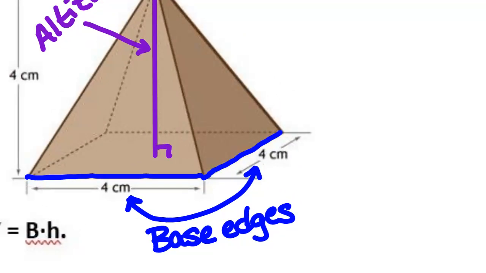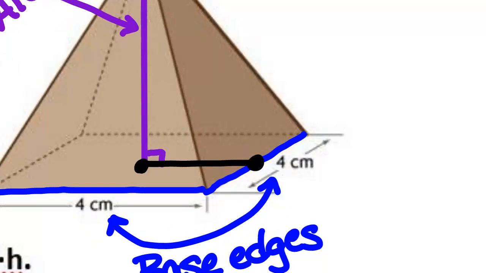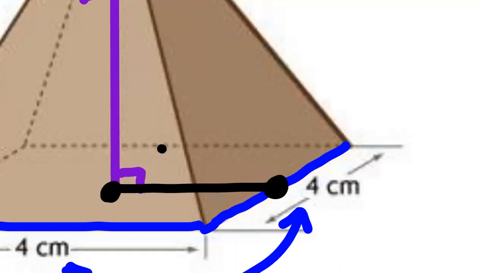And so if I were to draw a straight line from where my altitude hits the base over to the base edge, since the altitude is hitting my base right in the center, and I know that whole base edge is 4 centimeters, how far would it be from where the altitude hits the center over to the base edge? Half of 4, so 2. That's exactly right. Our base edges here are 4 centimeters. It's going to be half of that. So this would be 2 centimeters.